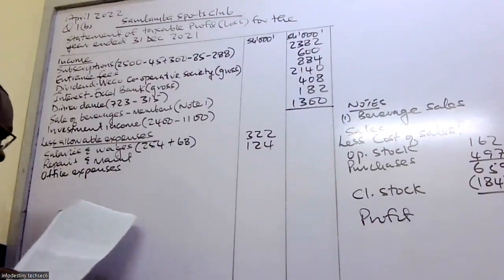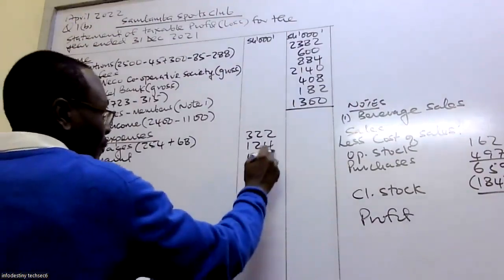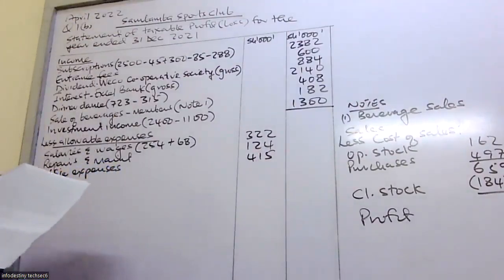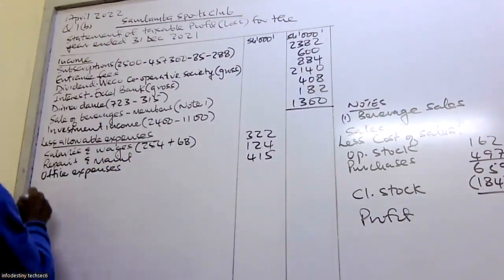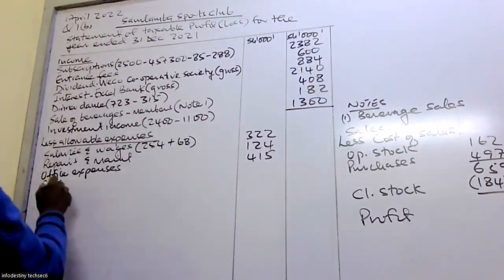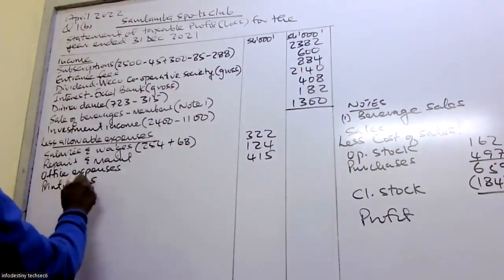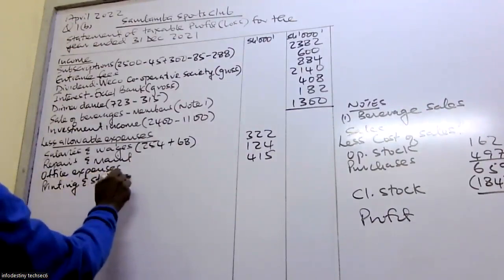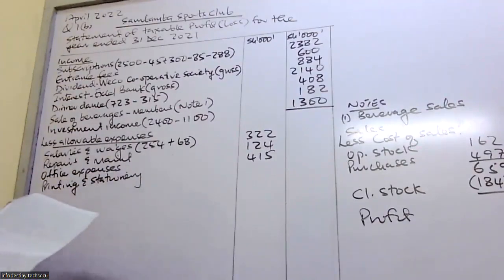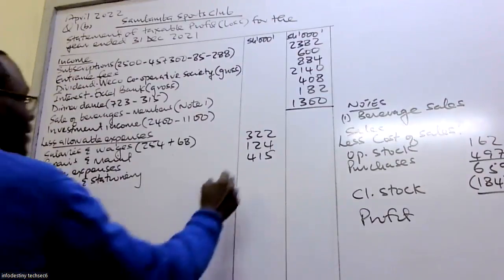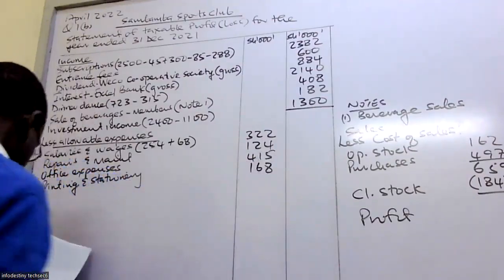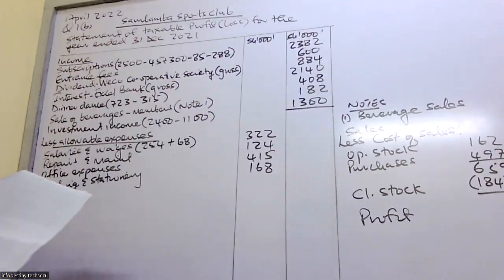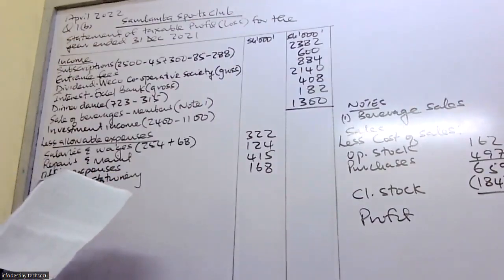Office expenses is 415. We have printing and stationery. Printing and stationery is 168. Purchase of beverages, dinner dance, refund of subscription.